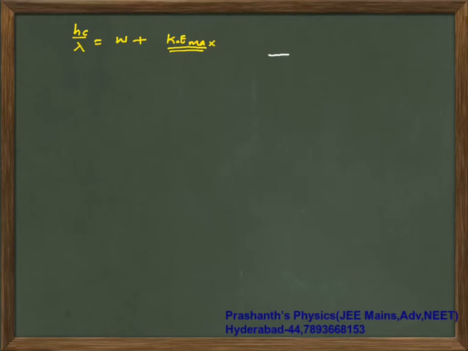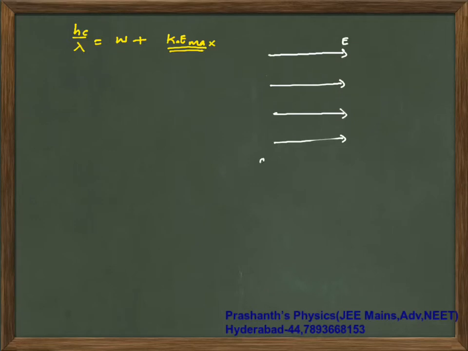If these ejected electrons are somehow subjected to a uniform electric field like this, what will happen?